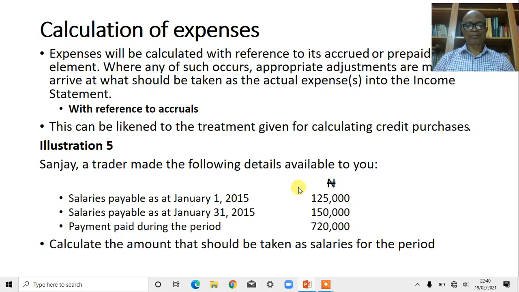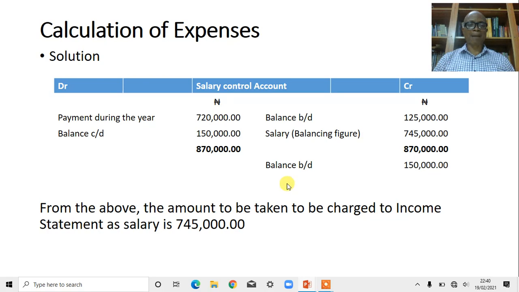So let's look at the solution. Here now we have the salary control account. Balance brought down, because it is a liability, is going to maintain a credit balance. Payment made during the year 750,000, because it's coming out of cash, so debit will enter the salary control account. Balance carried down, because it's still a liability, we have balance carried down above the line 150,000, and below the line BD 150,000 naira.